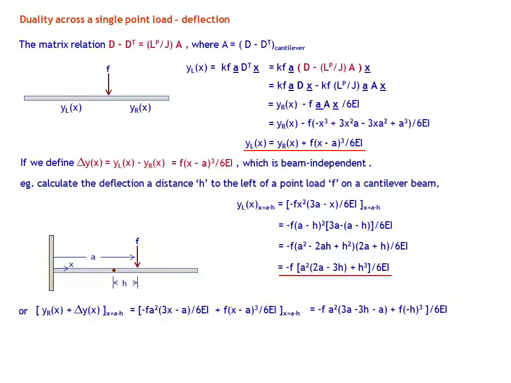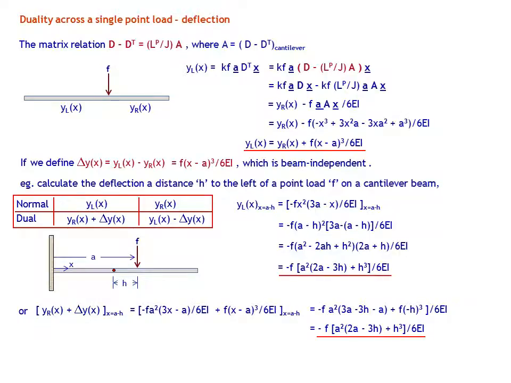The first term is easy to evaluate as it's linear in x, and the second term, the difference term, is even easier, the bracket being just equal to minus h cubed. The result is the same as we obtained by using y_L of x, but is a lot easier to calculate. So now we have a choice between using y_L of x or y_R of x or their duals, and we can choose whichever is the easier to use.